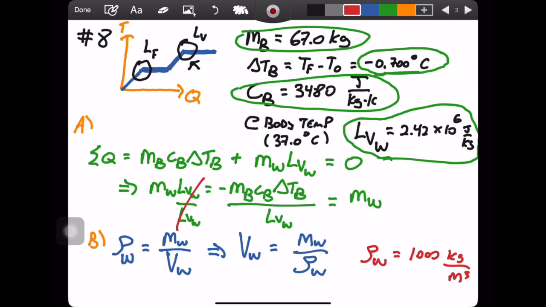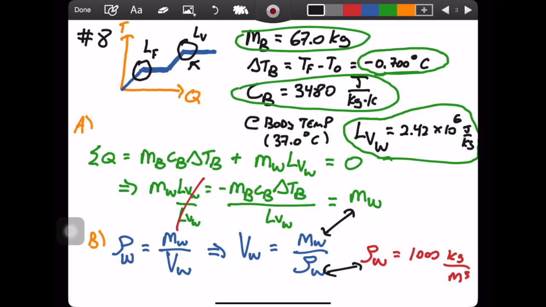All right, we can now solve for the volume of the water because this is just the same as this. So all of this stuff you see in green, that equation you have for the mass of the water, that's exactly the same as the mass of the water in blue. And then you're also given the density of the water.